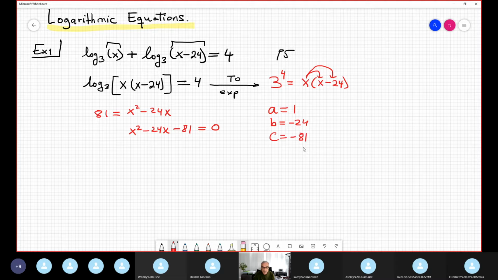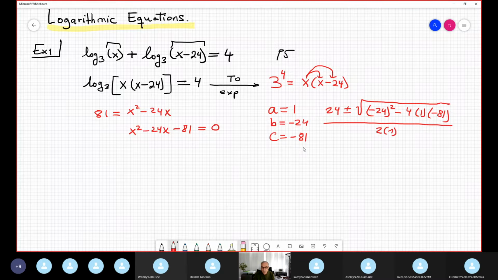Entonces the quadratic formula is minus B, which is 24, double minus becomes positive, plus and minus the square root of negative 24 squared, minus 4 times 1 times negative 81, divided by 2. 2 times 1 gets just 2.